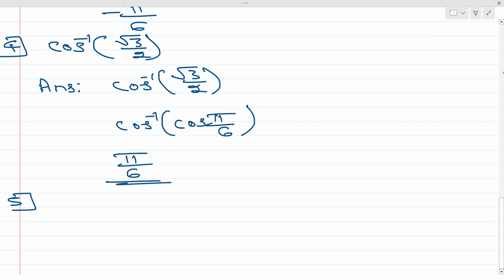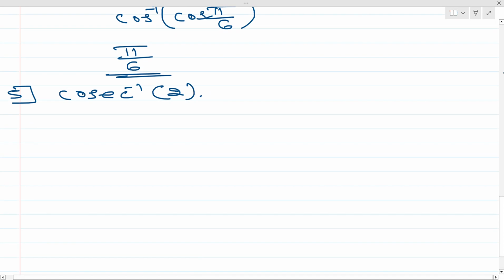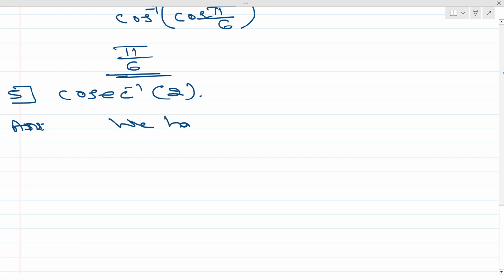Moving on to question number 5. Cosecant inverse 2. Answer. We have cosecant inverse x is equal to sine inverse 1 by x.